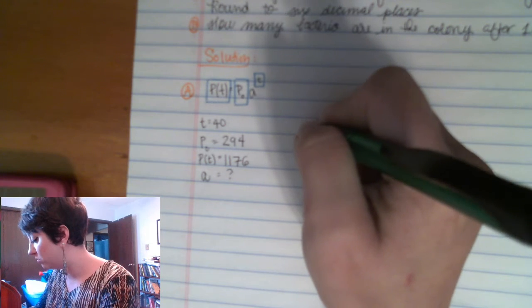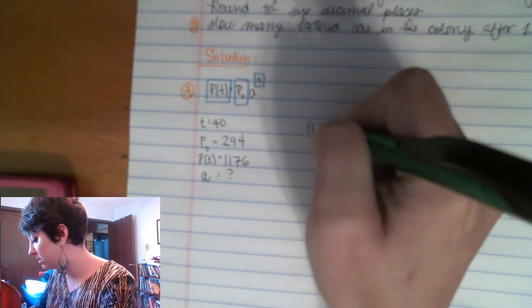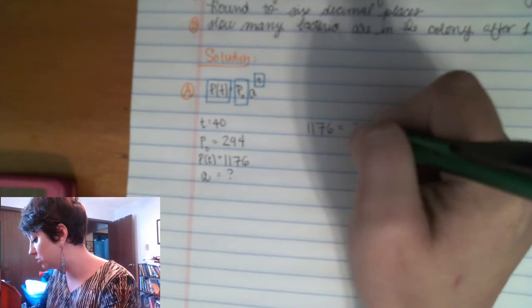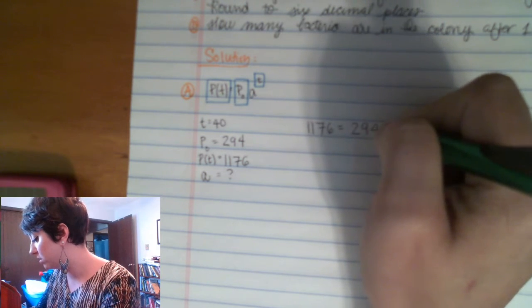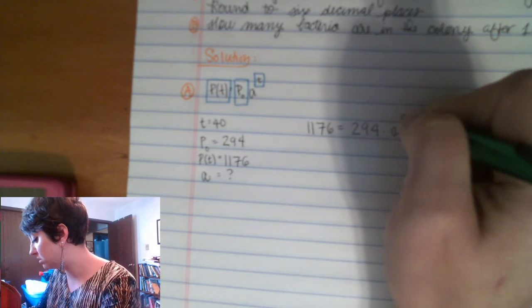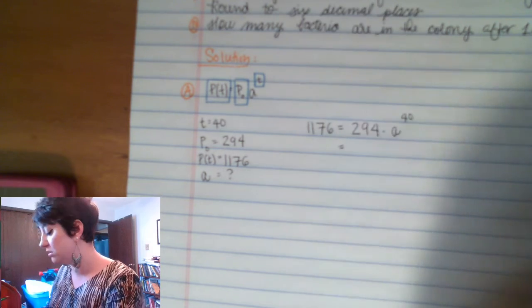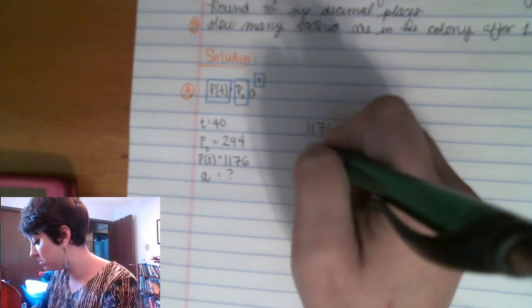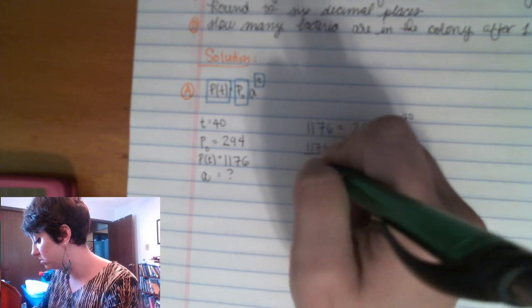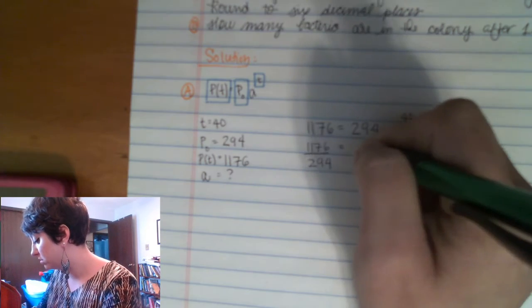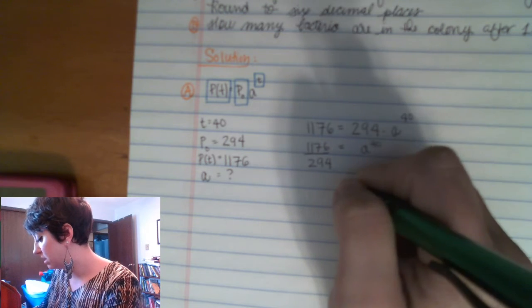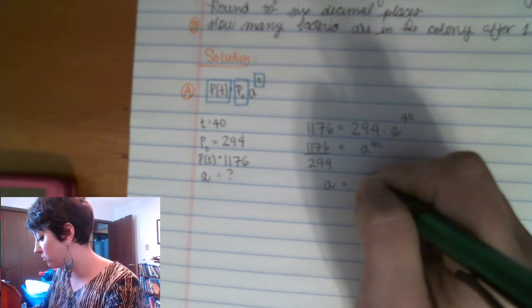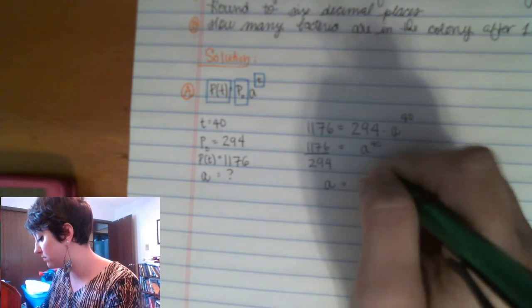So we get 1176 equals 294 times A to the 40. So divide both sides by 294. And then take a 40th root of each side.